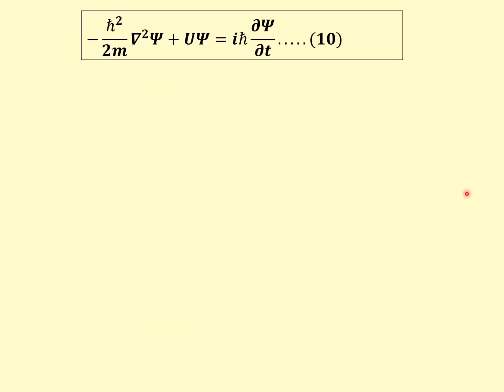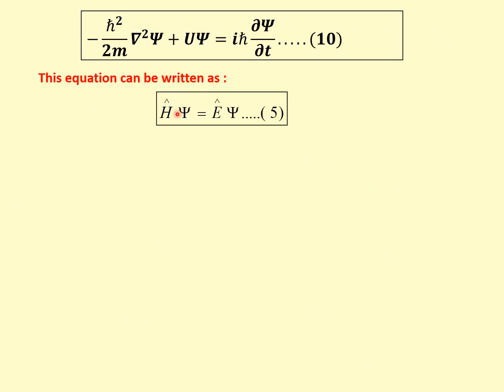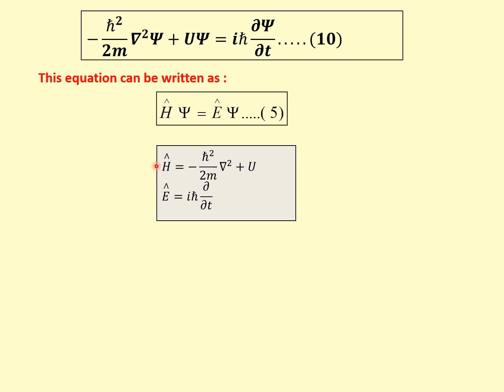We can write this equation in operator form: H cap psi equal to E cap psi, or H operator psi equal to E operator psi. This symbol is known as the operator, and this H operator is known as the Hamiltonian operator, the energy operator, which is minus h bar square by 2m del square plus U. Del square means delta 2 by delta x square plus delta 2 by delta y square plus delta 2 by delta z square, and it is also known as the Laplacian operator.